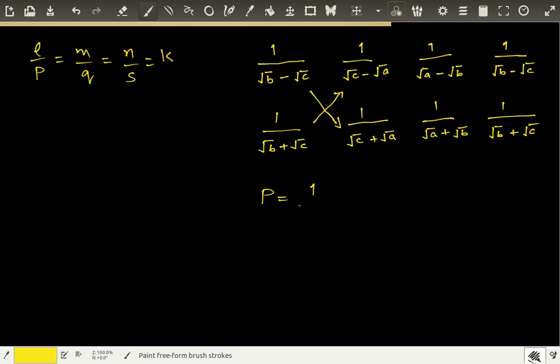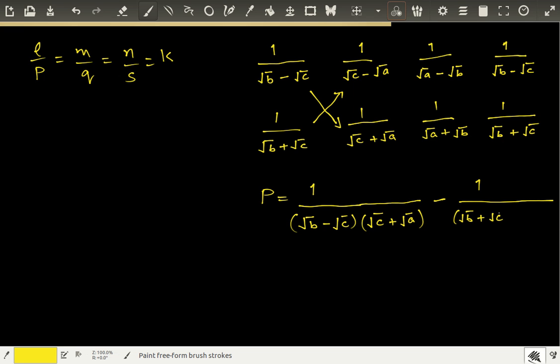If you multiply this, you get 1 by square root of B plus square root of B minus square root of C times square root of C plus square root of A, minus 1 by square root of B plus root C minus root C minus root A.